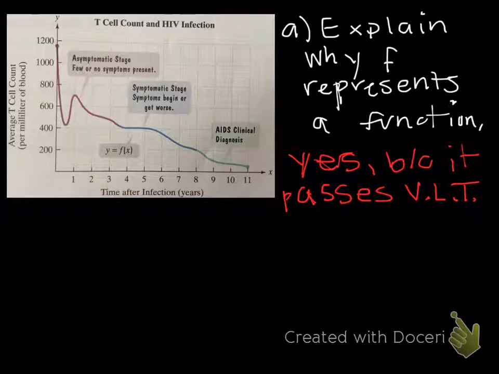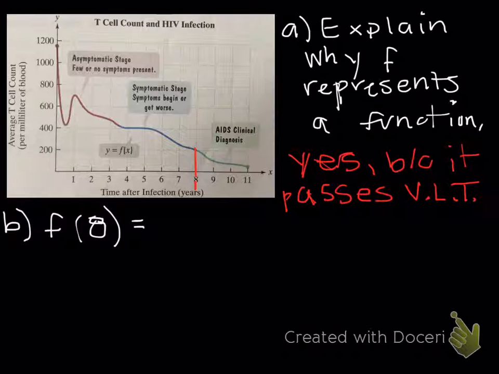Letter B. Letter B says use the graph to find f of 8. So they want us to find our value of f of 8. So what this means, after x is your input, so I'm inputting 8 years. So when x is 8, they want to know how many T blood cells, what our T count is. So notice right here is 8 years.